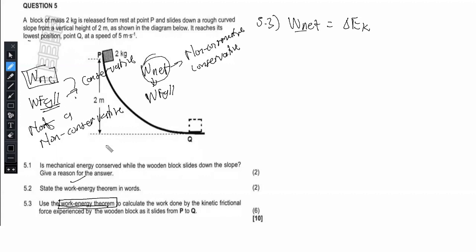Now, if you want to know which forces are the non-conservative forces, that's your applied force. So the applied force can go into this formula. Your frictional force can go into that formula. And lastly, your tension force can go into that formula. Now, the applied force can come in so many ways.